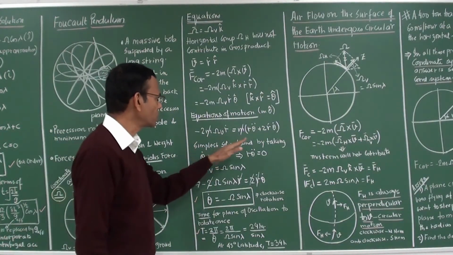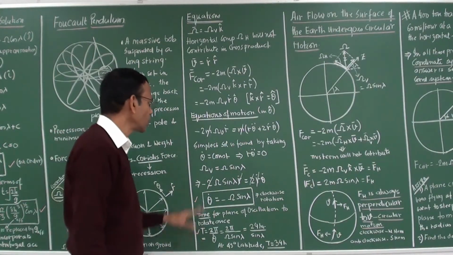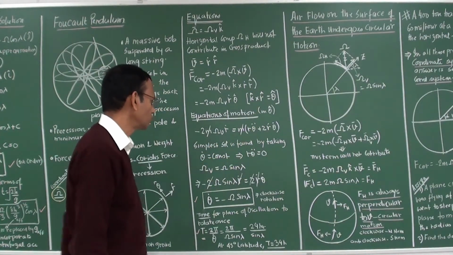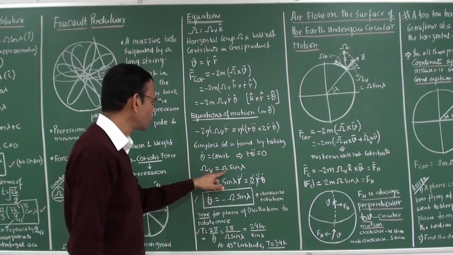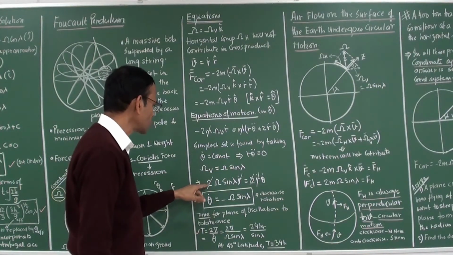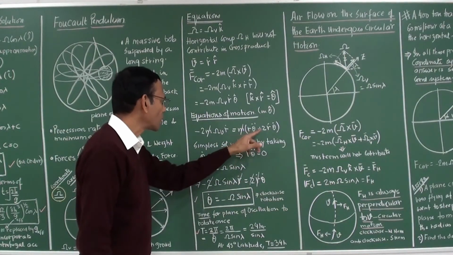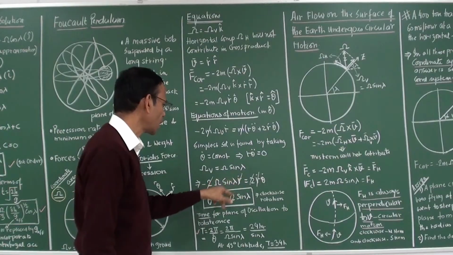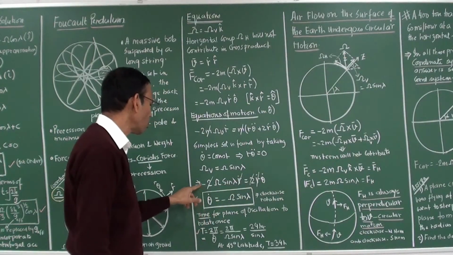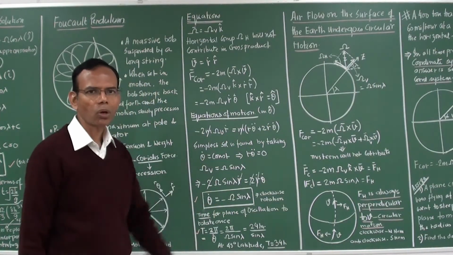Now, the simplest solution is we take theta dot constant, so r theta double dot is 0. Omega v is omega sine lambda, we have already seen that. Substituting, minus 2 omega sine lambda r dot equals 2 r dot theta dot. Cancelling r dot and 2 from both sides, you get theta dot equal to minus omega sine lambda. Minus means it is in the clockwise direction.